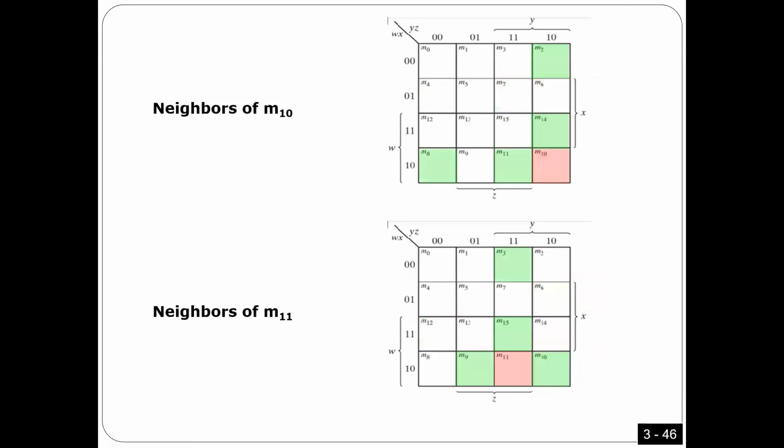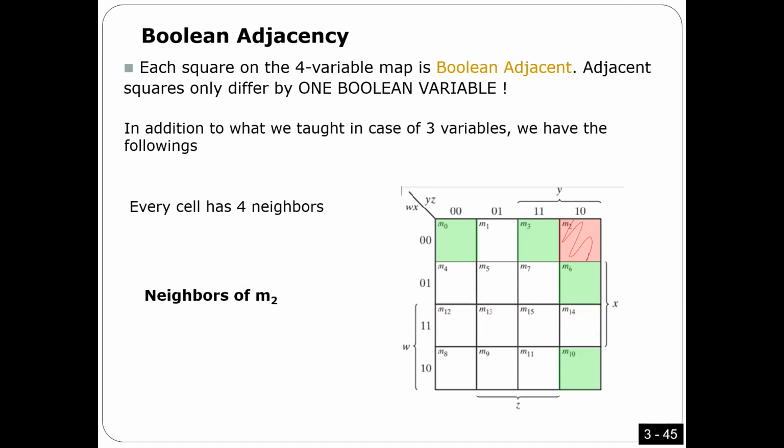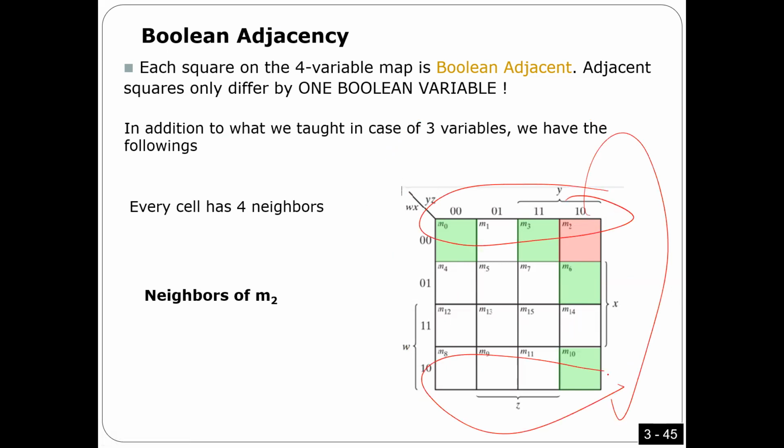One more thing I told you last time is that every cell here is also a neighbor to the cell on the opposite edge. That's why I told you to imagine this map as rolled this way. So when you roll it this way, this one becomes a neighbor to this one. The same thing here; you imagine it is also rolled this way.